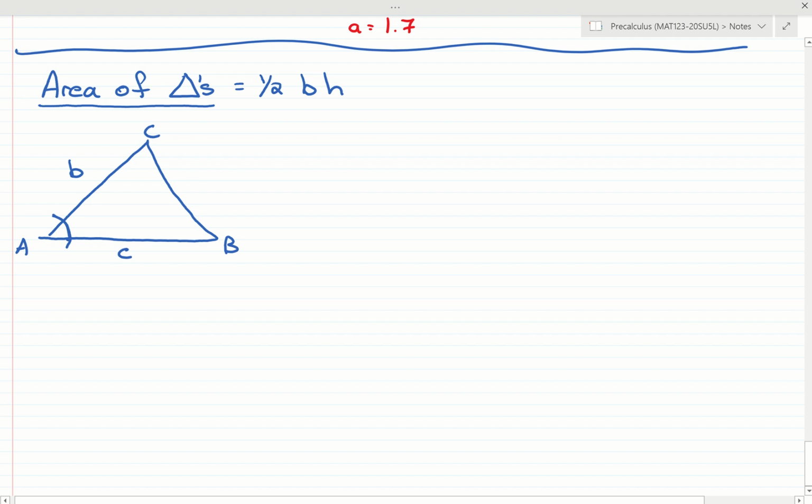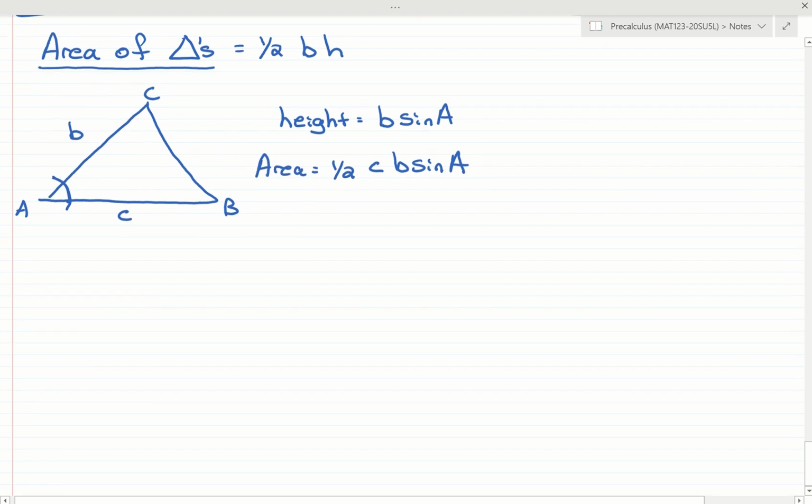Well, the height of this triangle is equal to, remember what we said, it's the left side times the sine of the angle. So that's the height. So the area of this triangle would be 1/2 times the base times the height. That's a formula to find the area of a triangle.